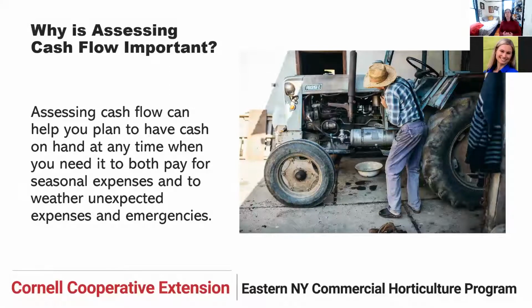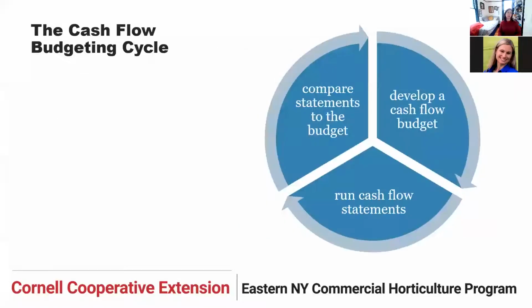It's really important for a business, especially a new business or a new business venture, to think about cash flow and budget for it so that you can minimize your risk and really keep going as you're starting to build up the business. There is a cash flow budgeting cycle. One of the pieces in determining what you need to do to manage cash flow is to first develop a cash flow budget.